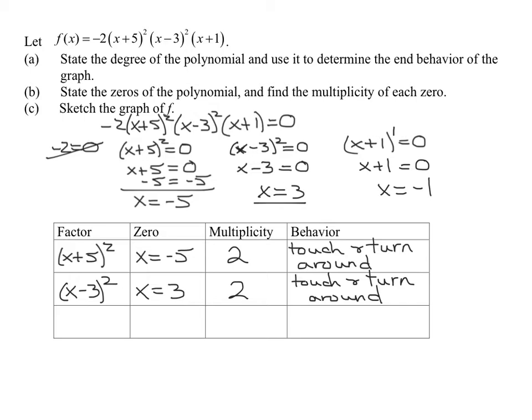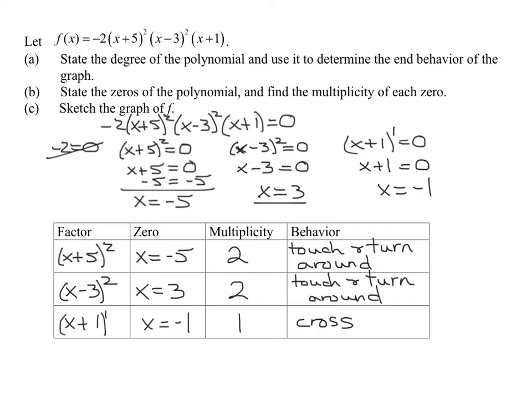The last factor was x plus 1. And remember, that was to the first power. The 0 was x equals negative 1. What's the multiplicity? What's the power on the exponent? 1. And now, when the multiplicity is odd, it's going to cross the x-axis.